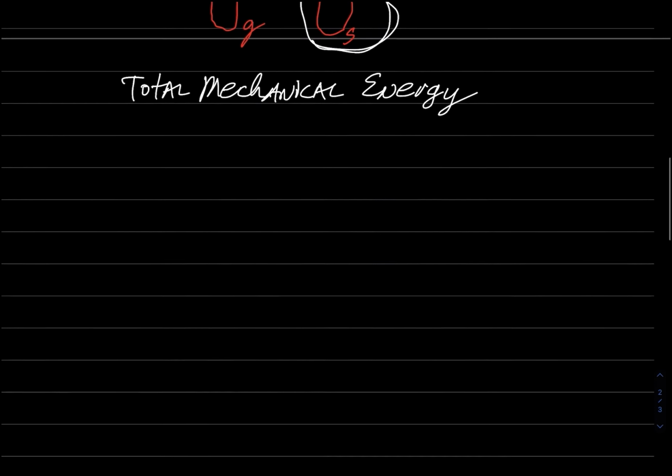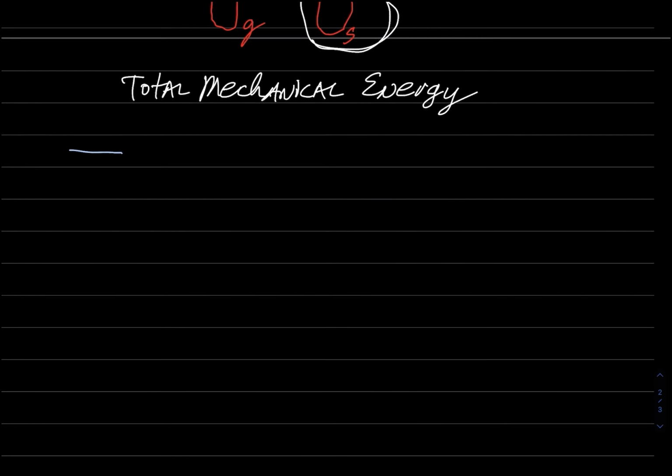Now let's take another look at that mass falling off the cliff again. So we have the height h of the cliff, and we have the mass that's going to drop from up here where it has its gravitational potential energy, but it's going to fall with the acceleration of gravity. And we want to figure out its velocity when it hits the ground.